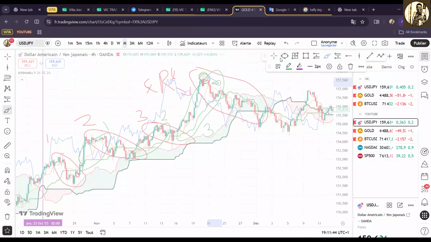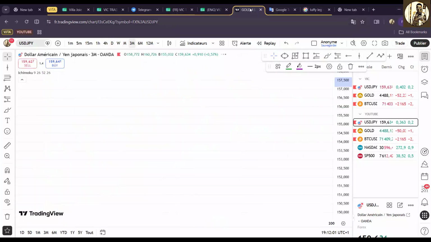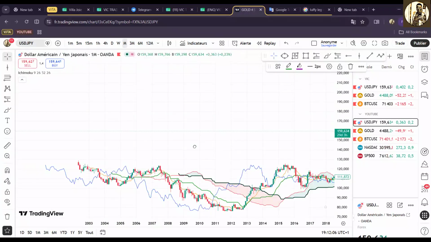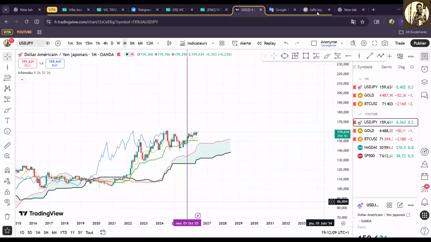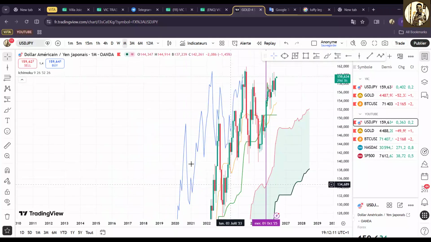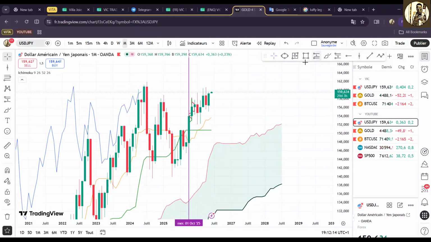So if you go on monthly, you will see that we are inside this candle, at the top of this candle, and at that level, Tenkan is at this level.